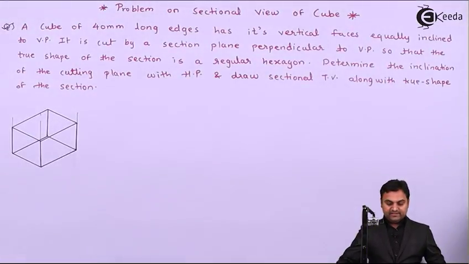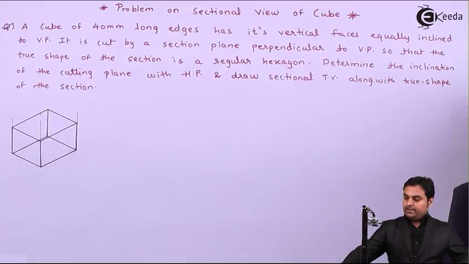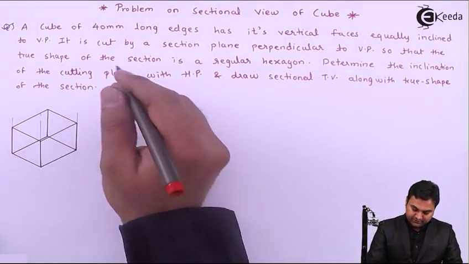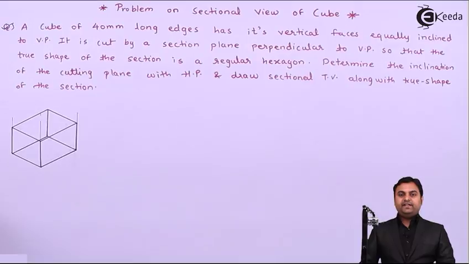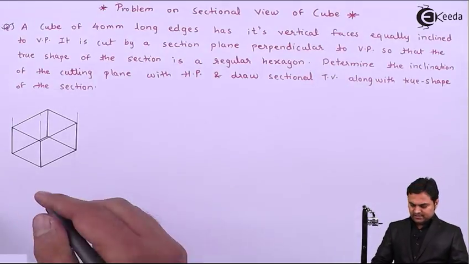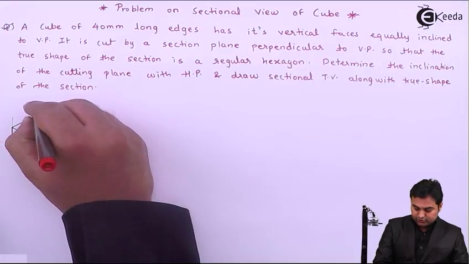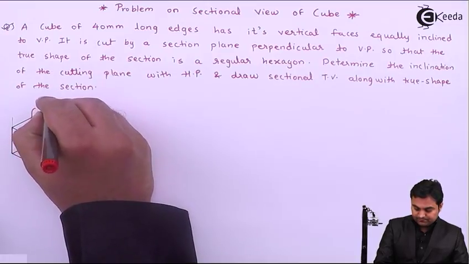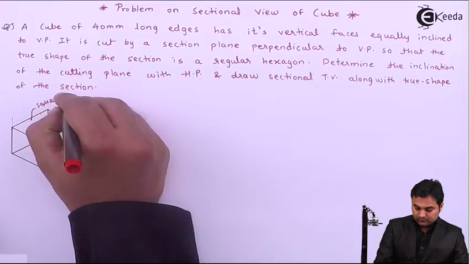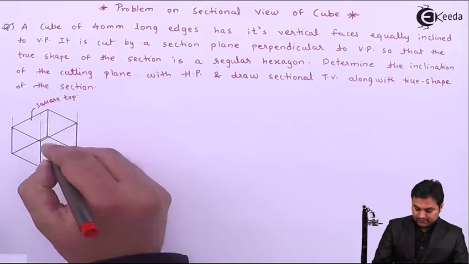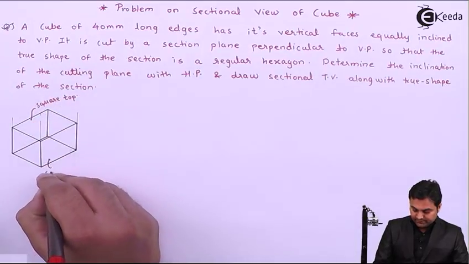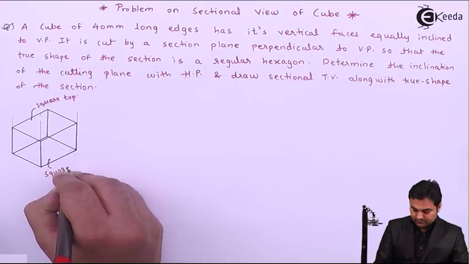Here we have a diagram of a cube, which is a solid in which all the dimensions, length, height and width, are the same, and this cube has a square top and a square base.